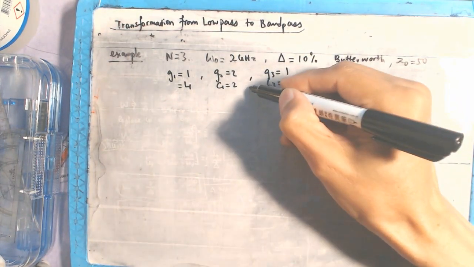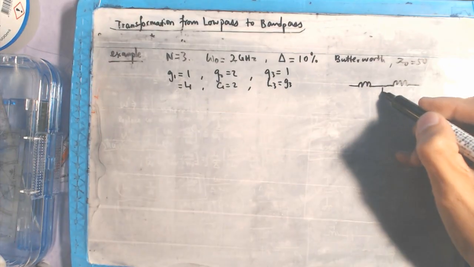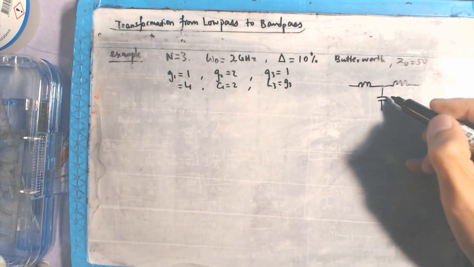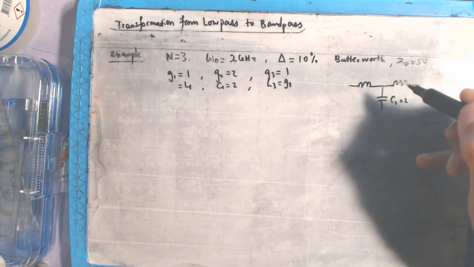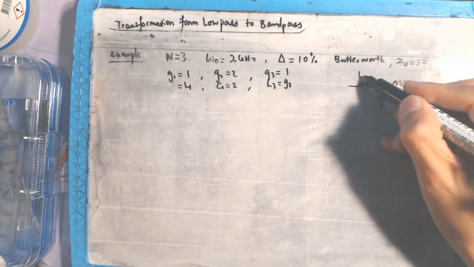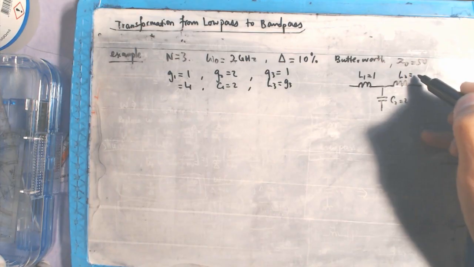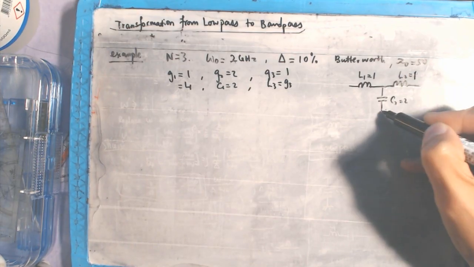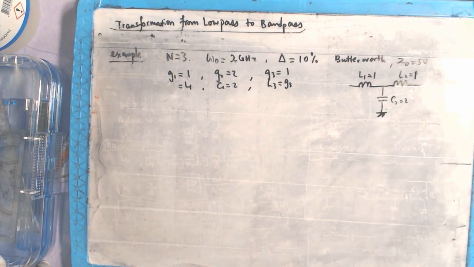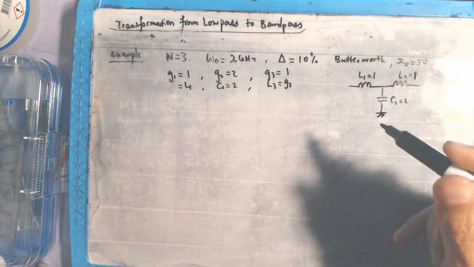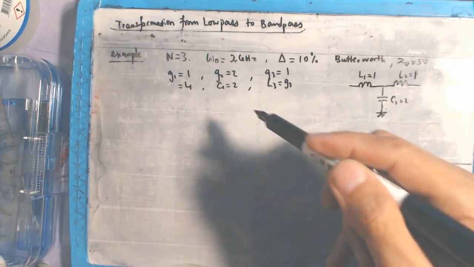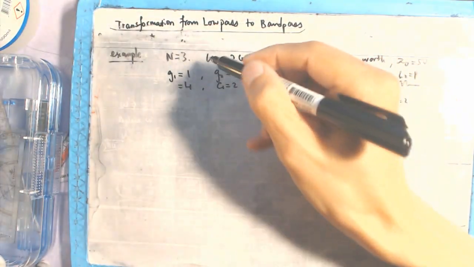So you get this L1, L2, so this is your low pass filter. But obviously, as I said here, you want a high pass, band pass filter.